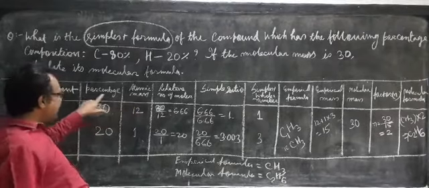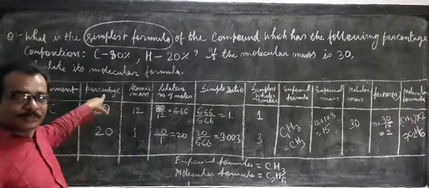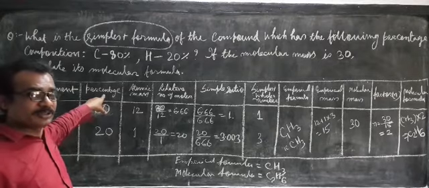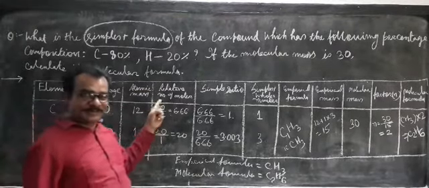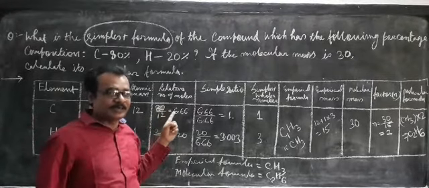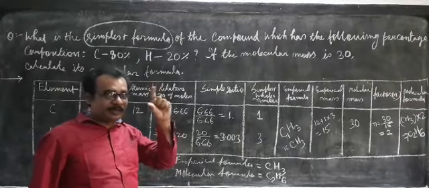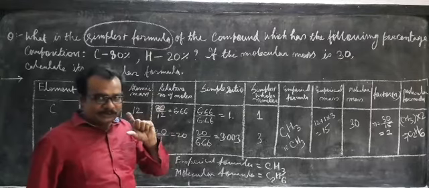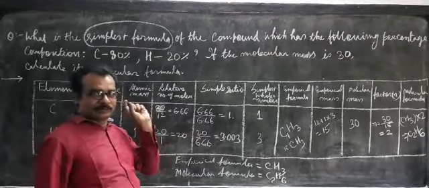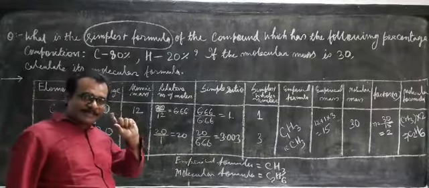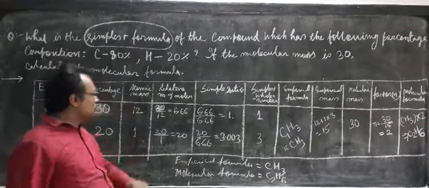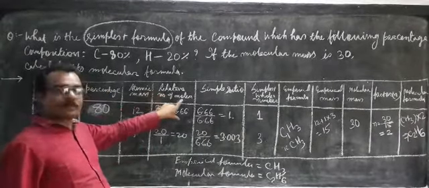Since here it is not an actual mass of the particular element, it is a percentage, that is why we write relative number of moles. How to find the number of moles? Total amount divided by molar mass gives you the number of moles. But here it is not an actual amount; it is given in percentage. So that is why we write relative number of moles.